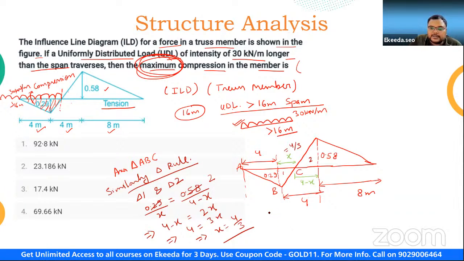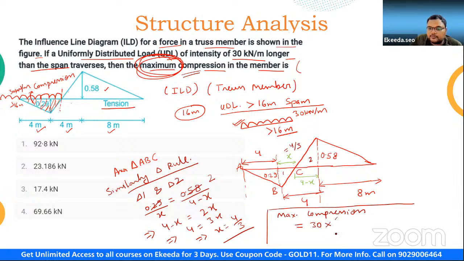Now, can anybody tell me how to get this maximum compression? So let us calculate maximum compression. This is 30 kilonewton per meter load.